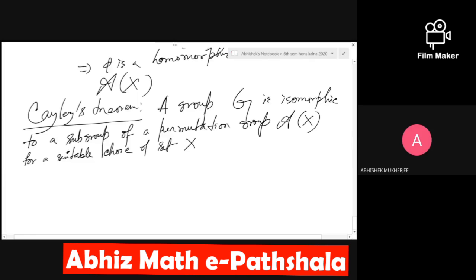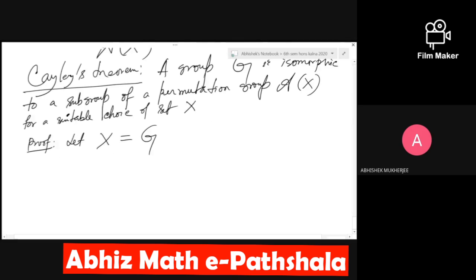Now for the proof of this theorem, let X be chosen as the group G itself. So this is our natural choice. So let us consider X is G. Using this, now we can define a map which can be regarded as the left action. But what is the map?